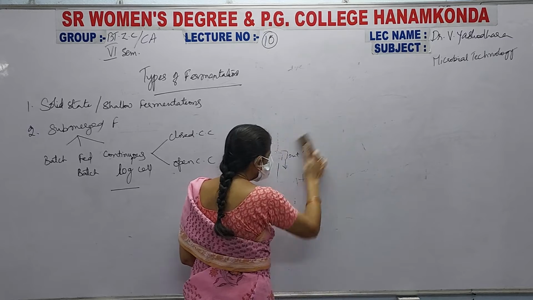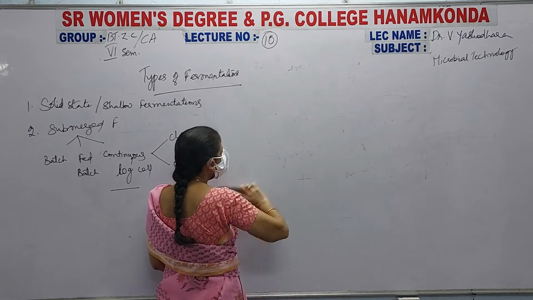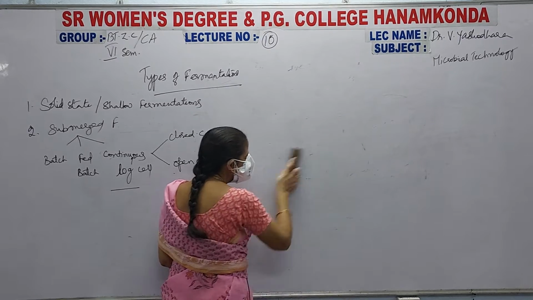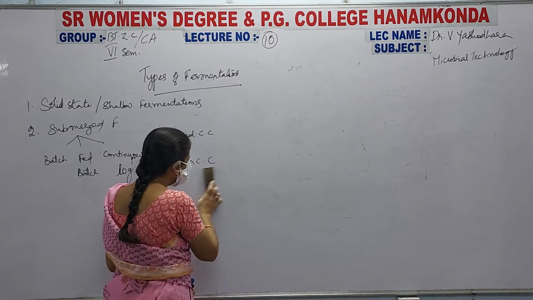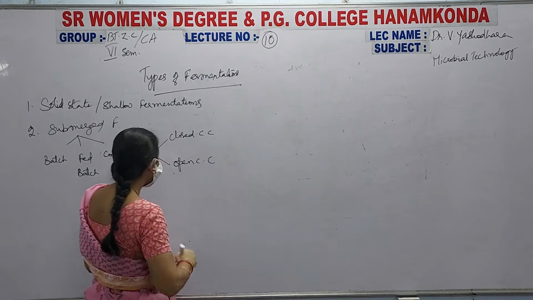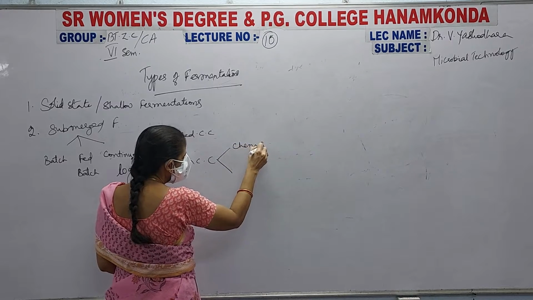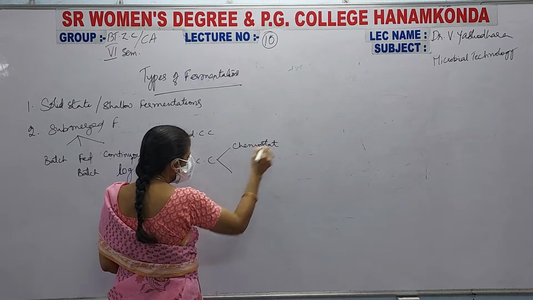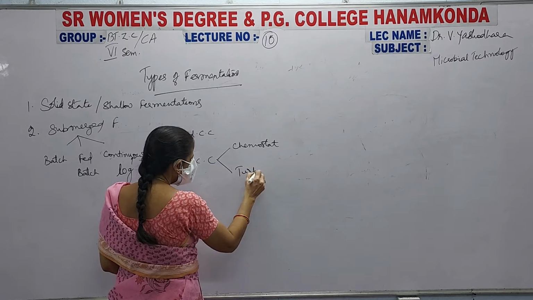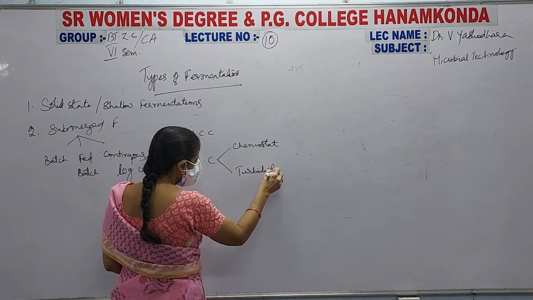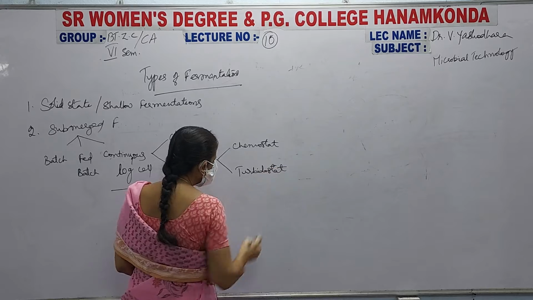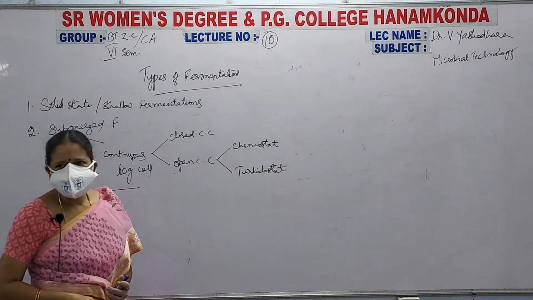See here, the open continuous culture system is of two types, chemostat and turbidostat. Already we have discussed this topic in your third semester.